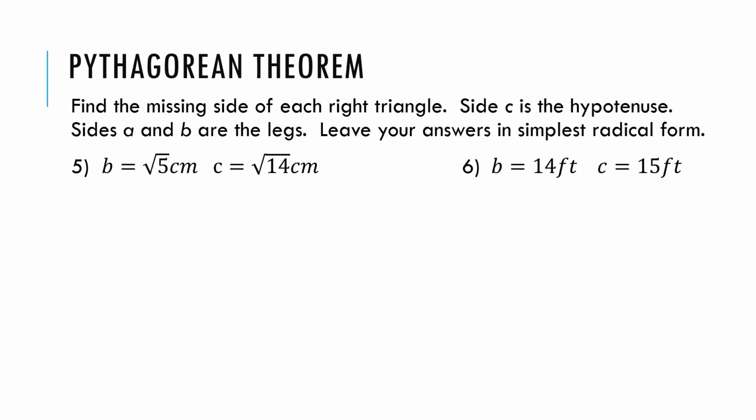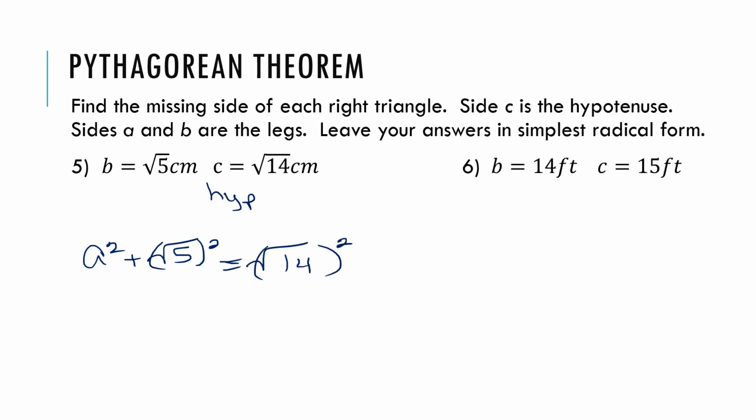In our next two examples, we are given only the side lengths. We don't have a diagram. Remember, c is representing the length of the hypotenuse. b and a are going to be your leg lengths. So in example 5, b is the square root of 5 centimeters, c is the square root of 14 centimeters. So a squared plus the square root of 5 squared equals the square root of 14 squared.